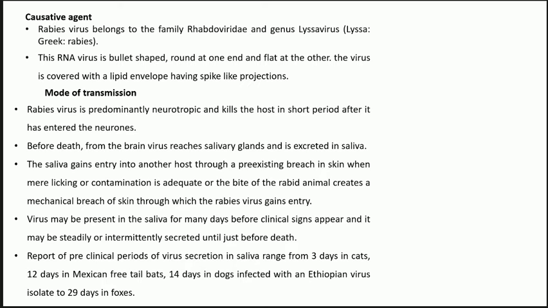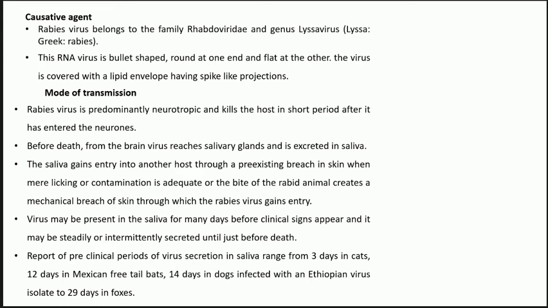Virus may be present in saliva for many days before clinical signs appear, and it may be secreted steadily or intermittently until just before death. The reported preclinical periods of virus secretion in saliva range from 3 days in cats, 12 days in Mexican free-tail bats, and 14 days in dogs infected with Ethiopian virus, up to 29 days in foxes.